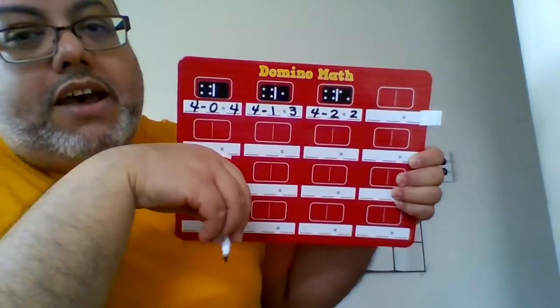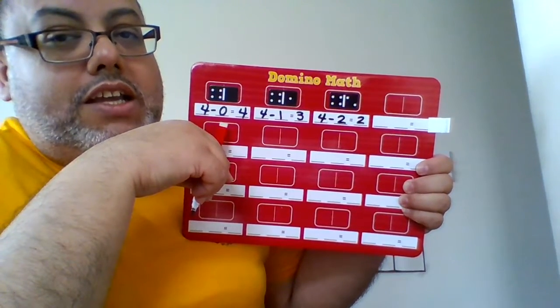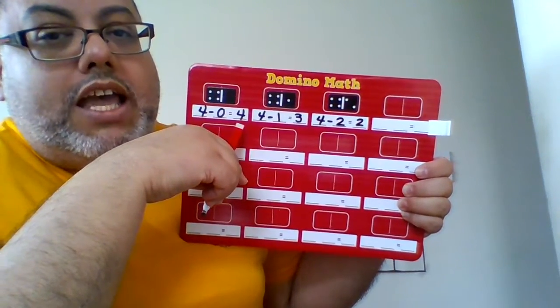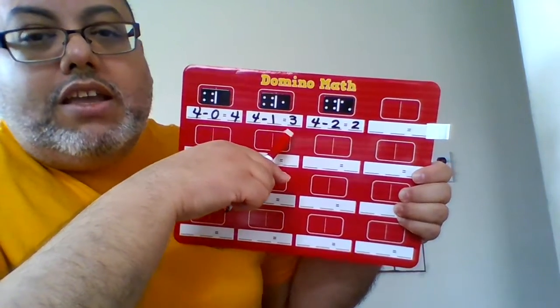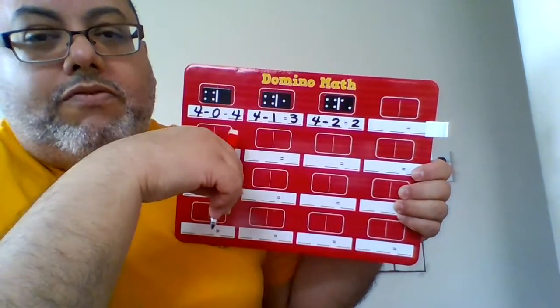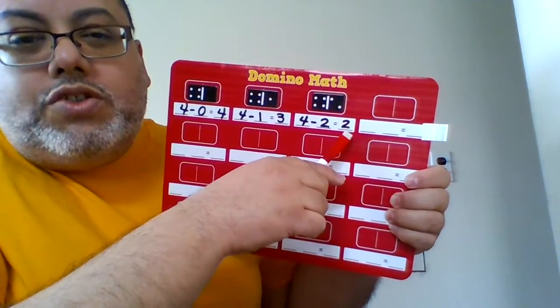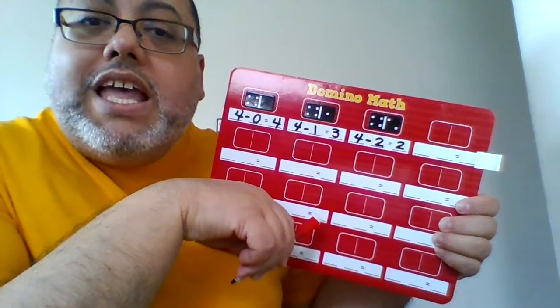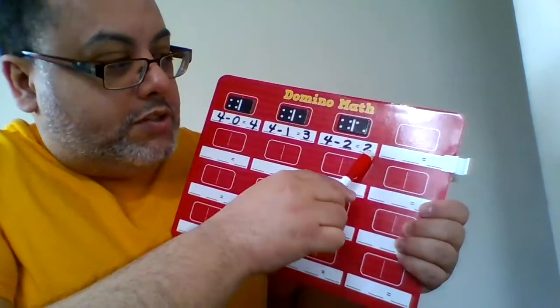So look at the pattern on this board. If I don't take away 1, I have a high number 4. But when I start taking away, the pattern starts 4, 3, 2. So I'm doing backwards counting. So 4, 3, 2.